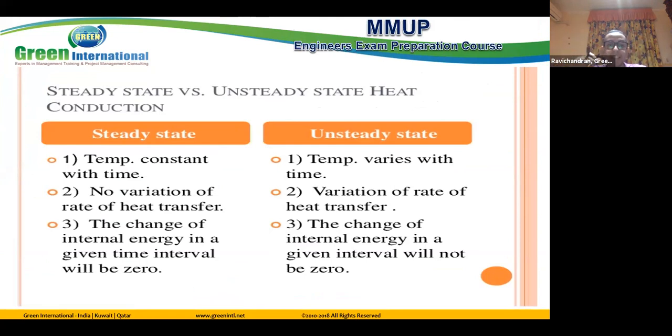If the temperature is constant with time, this is steady state. If the temperature varies with time, this is unsteady state. In steady state there is no variation of the rate of heat transfer, and the change in internal energy with time interval is 0. But for unsteady state, it is not 0.